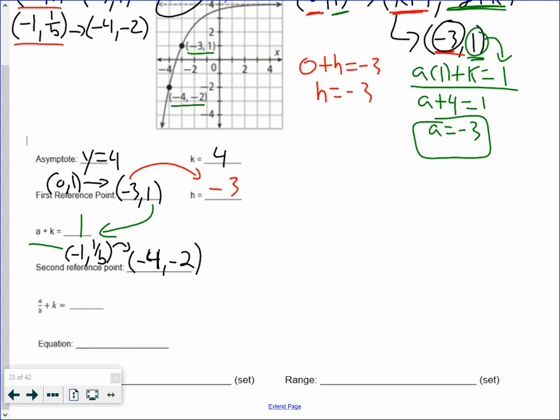So like before, we can say that the point -1, 1 over b, when you put that into your transformation rule of x plus h, ay plus k, is going to give you your reference point from our graph, -4, -2.